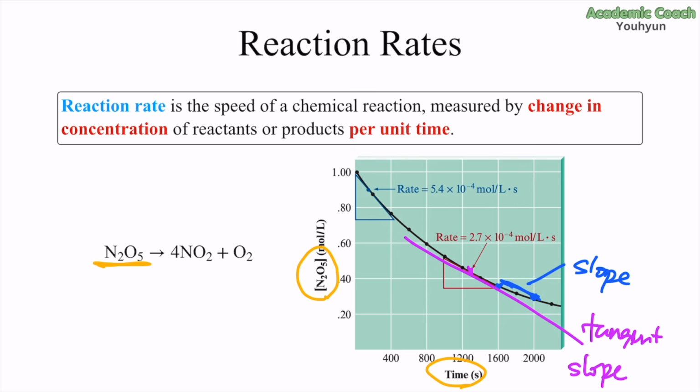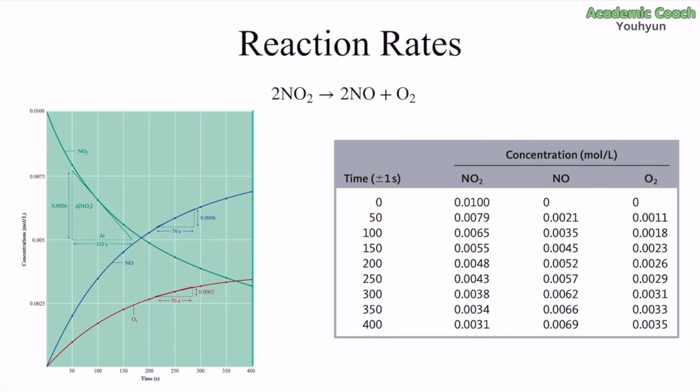So that represents how fast the reactant is consumed. And just like how I use the amount of consumption of the bread or cheese to represent how fast I can cook, we can also use how fast I consume the reactant to represent the reaction rate.